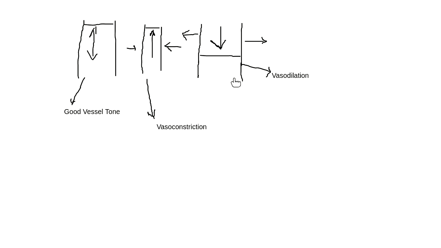If the pressure inside of the blood vessels is low, we cannot get good cardiac output. So this is referred to as distributive shock. Now we have 4 types of distributive shock: septic shock, anaphylactic shock, neurogenic, and psychogenic shock.